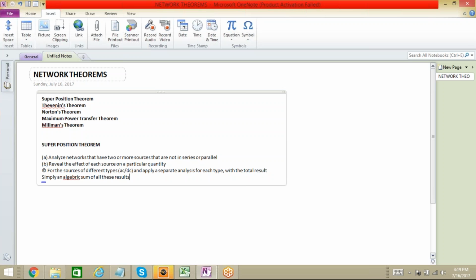Let's move forward and take the formal definition of the superposition theorem.